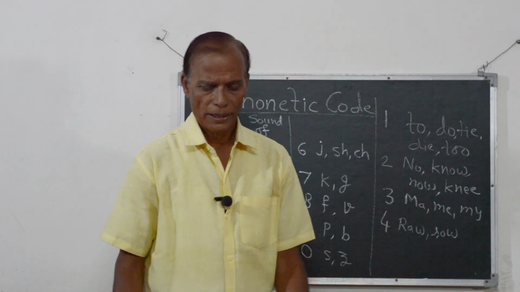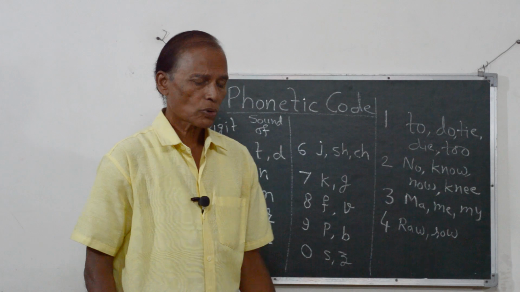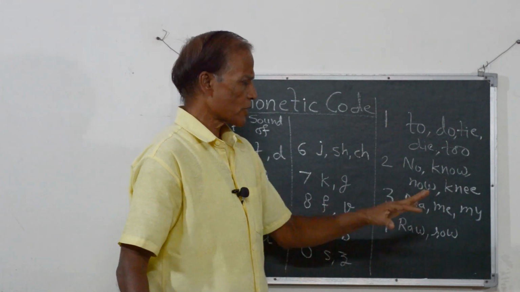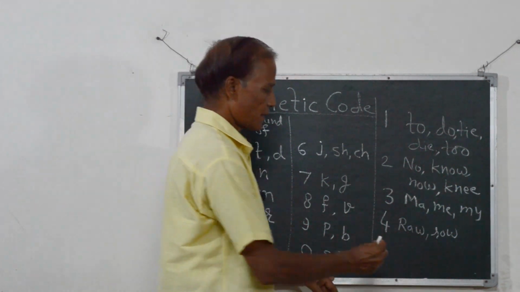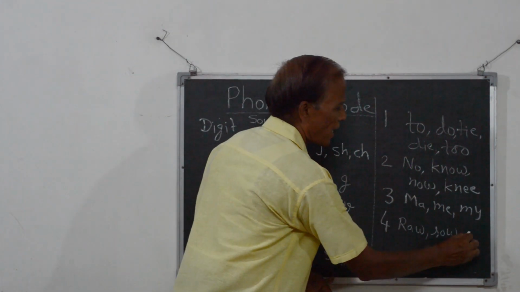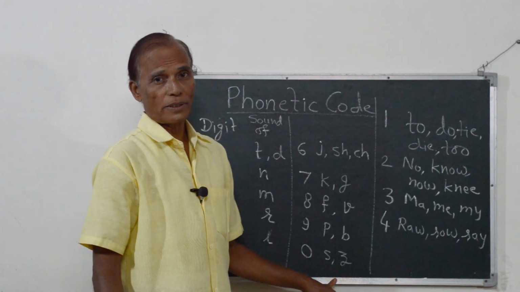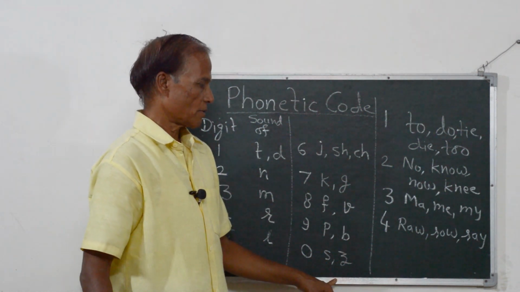W can be used freely, and vowels also can be used freely. Even ray, see this word, ray. That is a good word that can be made for 4.